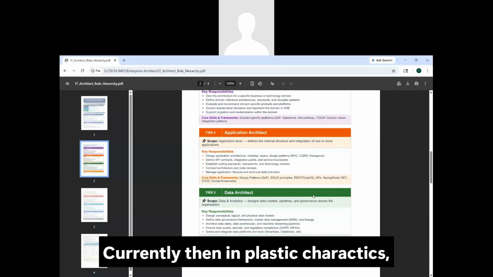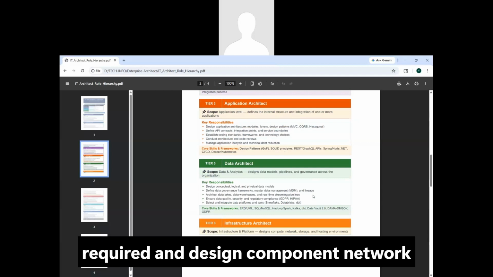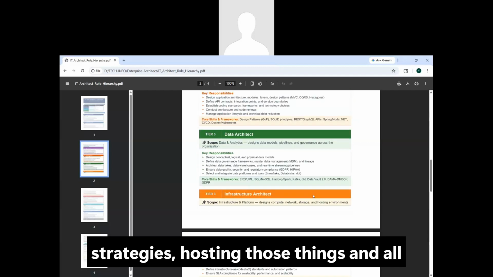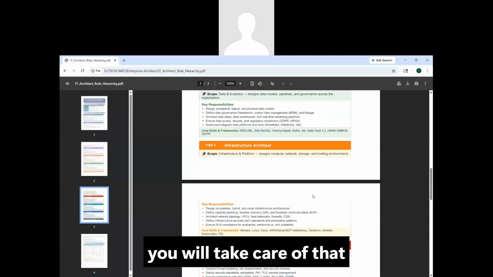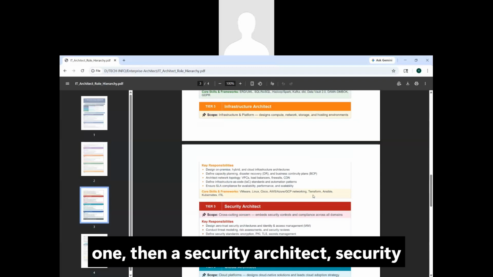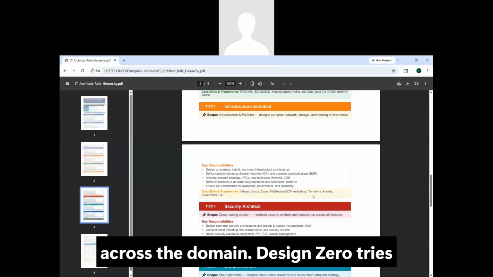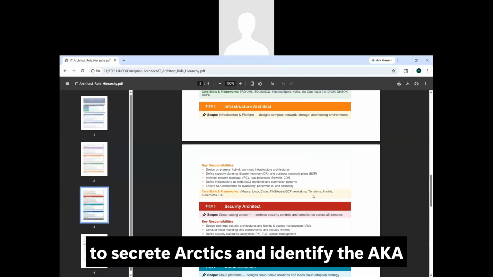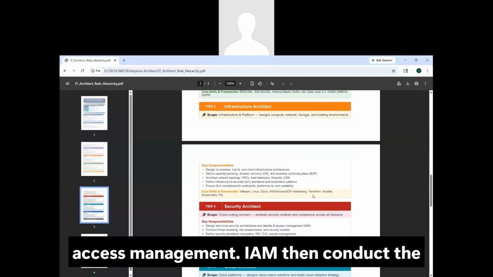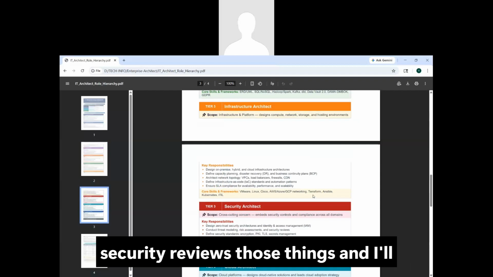Then infrastructure architects, which is infra related: what is required, and designing components, network, strategies, hosting, and environment. You will take care of those. Then the security architect, with cross-cutting concerns, embeds security controls and compliance across the domain, designs zero trust security architecture, handles identity and access management (IAM), then conducts threat modeling, risk assessment, and security reviews.